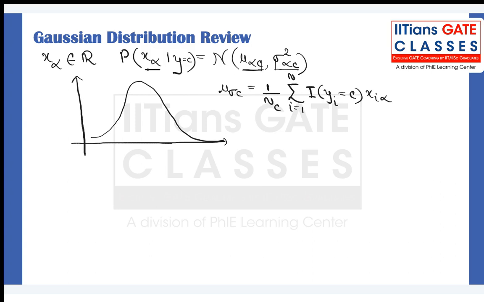Sorry, this should be alpha. One second, guys. So mu alpha c means 1 by nc.